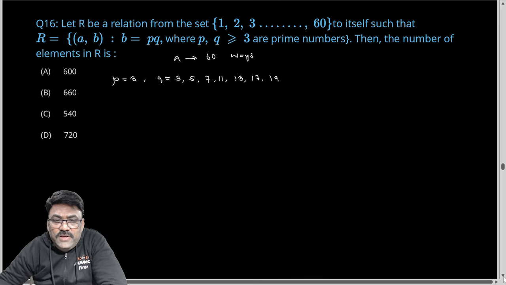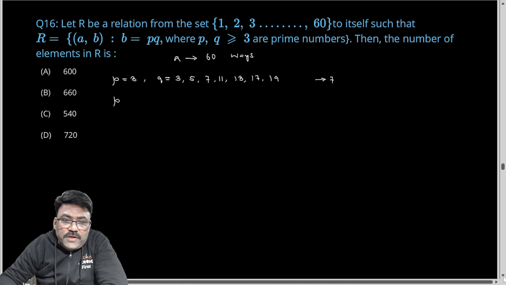So B in this case is 3 into 3, 9, then 15, then 21, then 33, then 39, then 51, then 57. How many values for B? 1, 2, 3, 4, 5, 6, 7. Here you are getting 7 values for B.